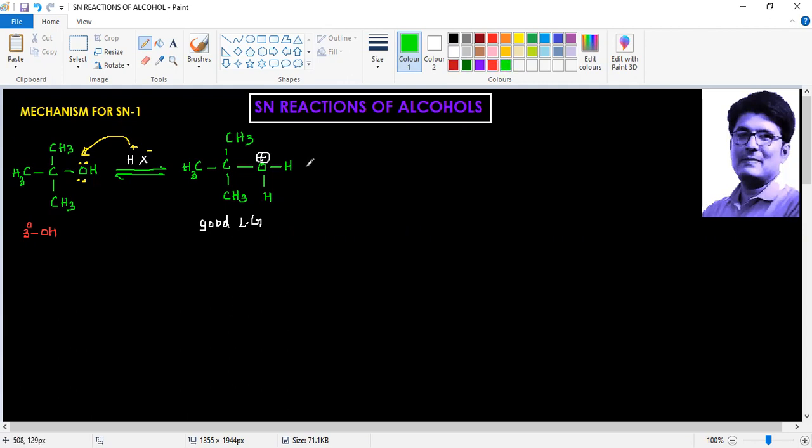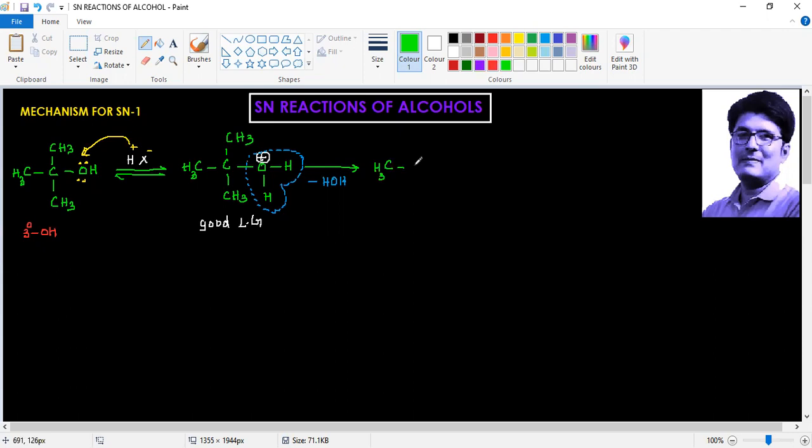So how can it be removed as a leaving group? It leaves as minus H2O, that is HOH. Then how can we write the compound?